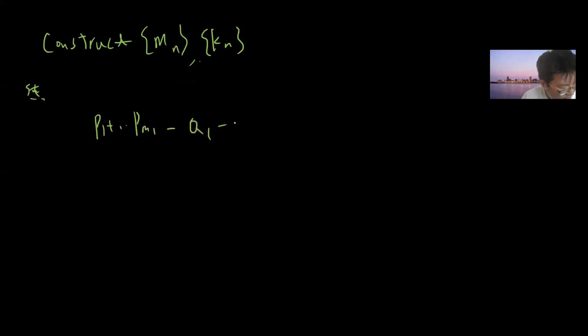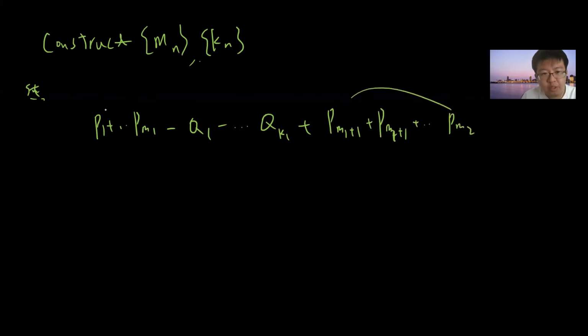So let's construct it: we pick two sequences Mn and Kn such that the sequence is P1 up to Pm1, minus Q1 up to QK1, plus Pm1 plus 1 up to Pm2, and minus QK1 plus 1 up to QK2, and so on.